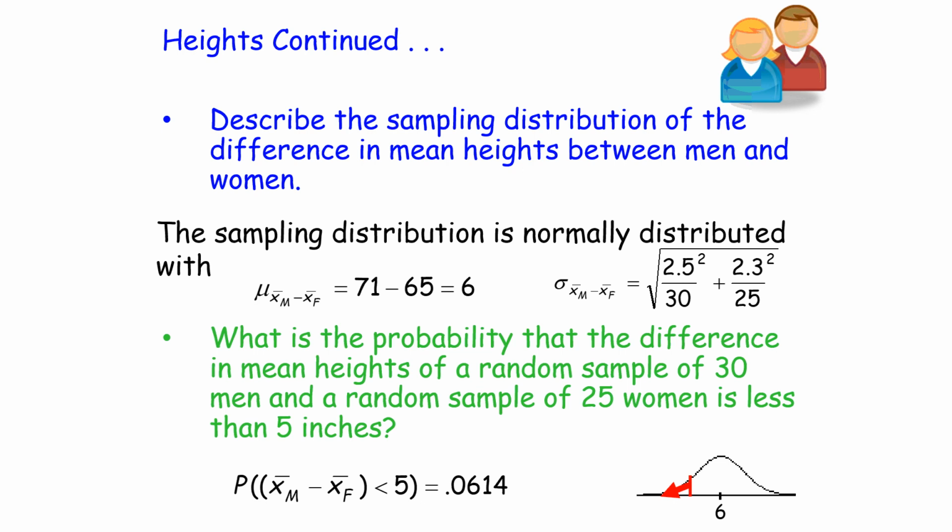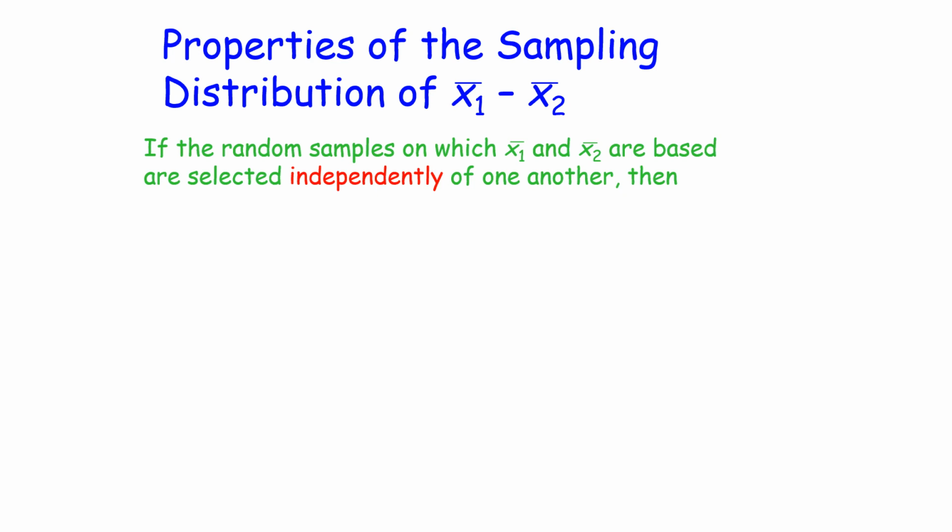Let's look at the properties of the sampling distribution of our x bar sub 1 minus our x bar sub 2. Now if the random samples on which x bar sub 1 and x bar sub 2 are based are selected independently of one another, then we're able to say that the mean of our x bar sub 1 minus our x bar sub 2 will equal the mean of x bar sub 1 minus the mean of x bar sub 2, or mu sub 1 minus mu sub 2.